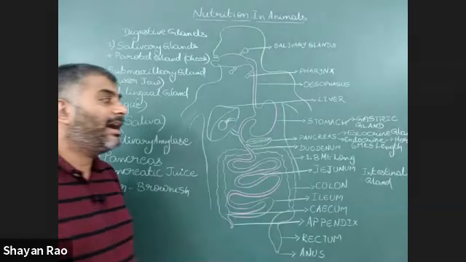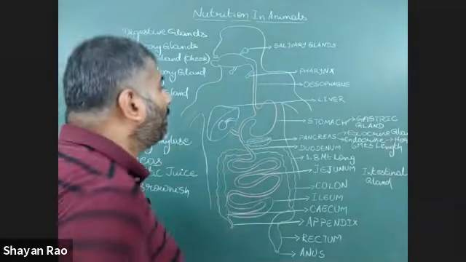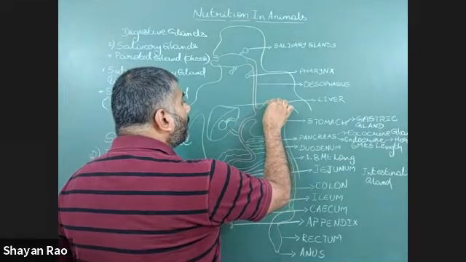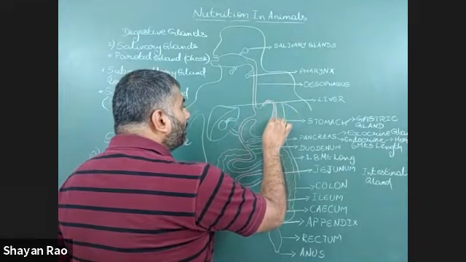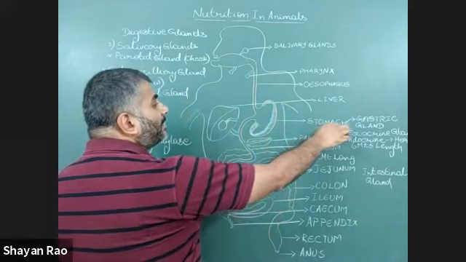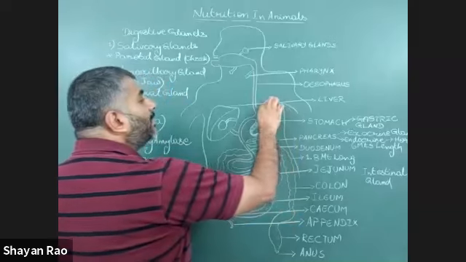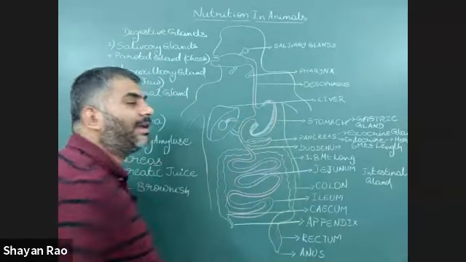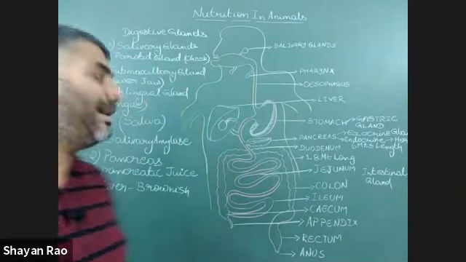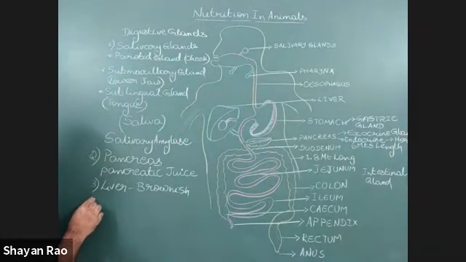Along with that, I was talking about the stomach. This entire stomach will be lined by one gland, which is called the gastric gland. The stomach has gastric glands, and that is the next important gland.